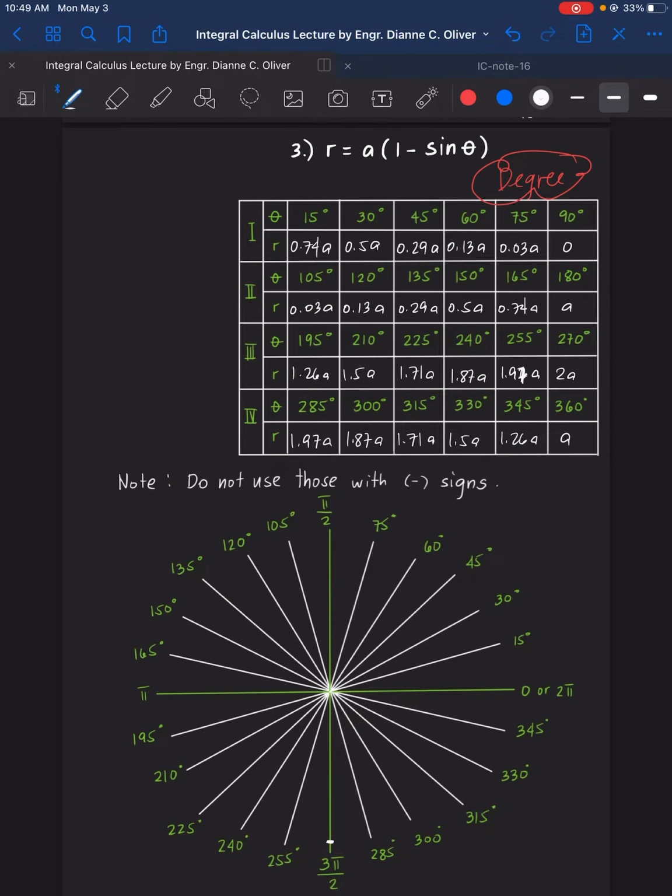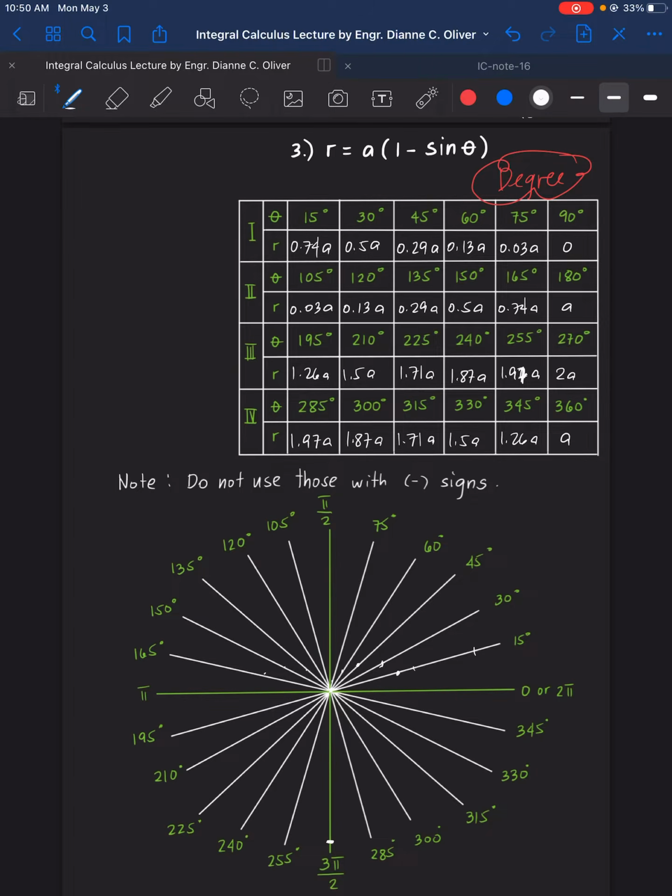If this is 2, and this is 1, therefore 0.72 is here. 30, almost half. 45, 60, 75, then 0 for 90. 105 is 0.03, 120 is 0.13, 135 is 0.29, 150 is 0.5, then 165 is 0.74.